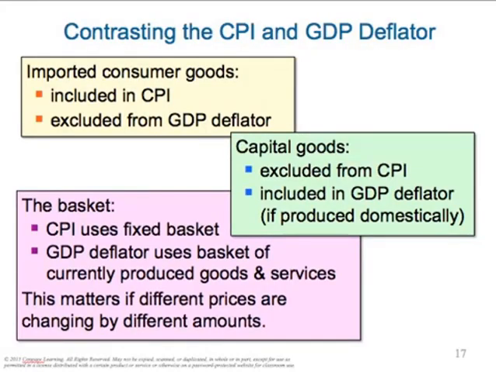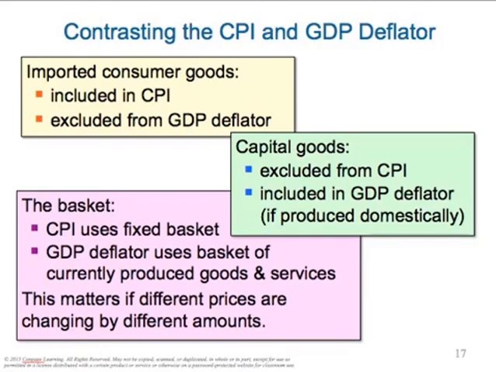Now, contrasting CPI and GDP deflator, imported consumer goods are included in CPI but excluded from GDP deflator. Okay, little apples and oranges there. Capital goods are excluded from CPI but included in the GDP deflator if produced domestically. The basket: CPI uses a fixed basket, which for all the reasons we talked about before can be overstating of the CPI.